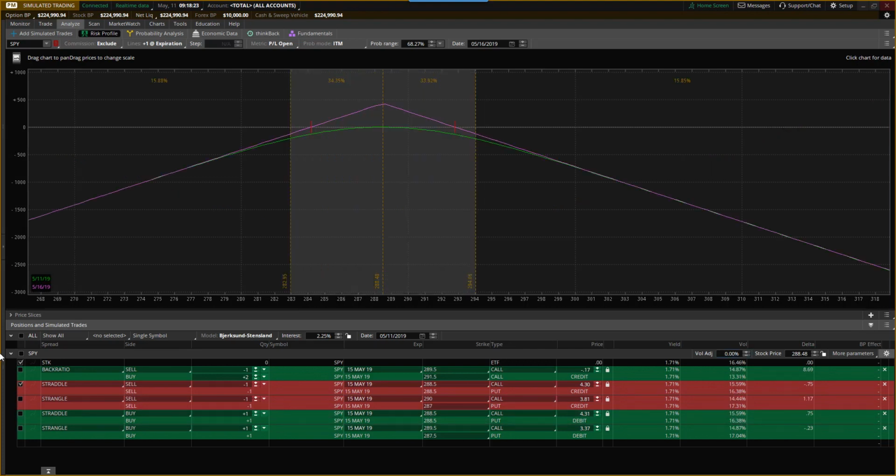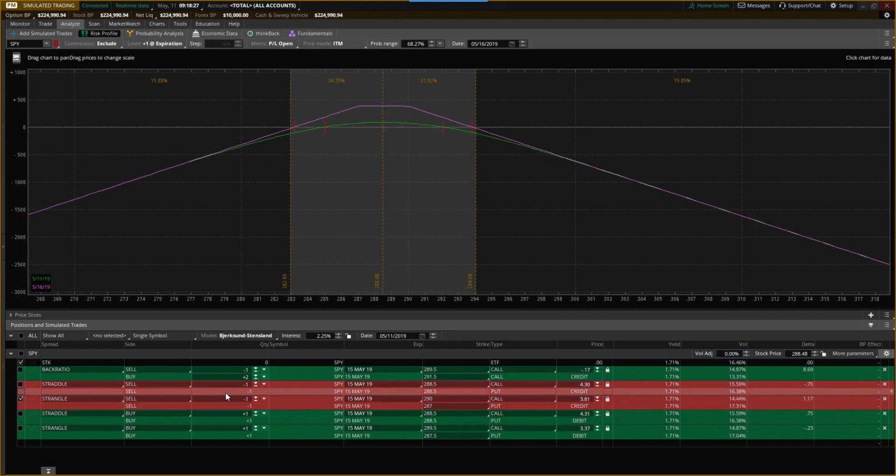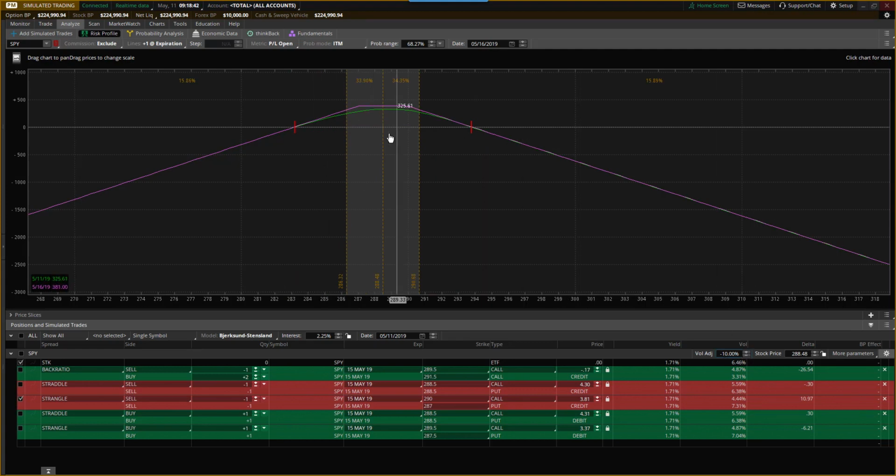Now, instead, if you are looking at an earnings play and you want to sell the strangle or sell the straddle, well, then that's a whole different game. Because now, if we take volatility out of the trade, you can see that it increases your profit potential very quickly. You don't need the product to move anywhere.